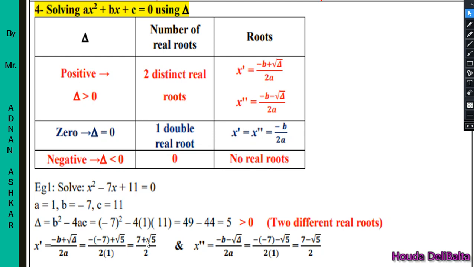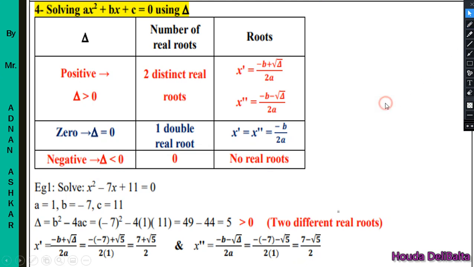Then we will get 7 plus radical 5 over 2. X double prime is similar to that one, but there is minus in the middle. Instead of plus radical delta, there is minus radical delta. So x double prime is minus b minus radical delta over 2a, then minus minus 7, minus radical 5 over 2 into 1, then it's 7 minus radical 5 over 2.